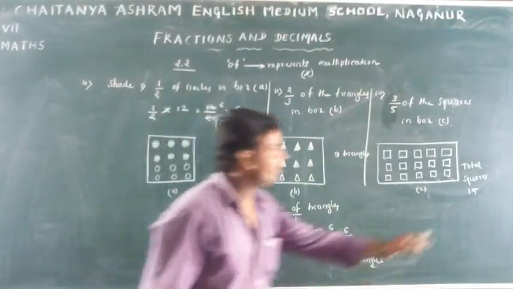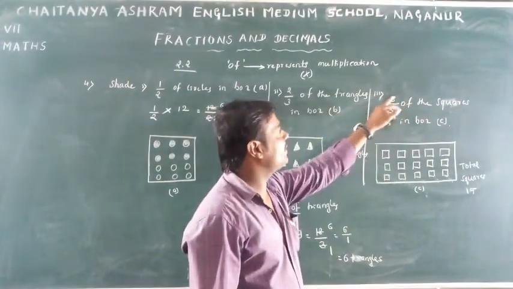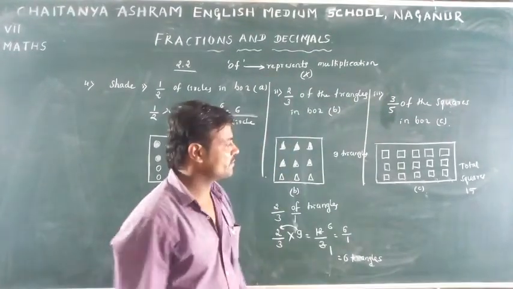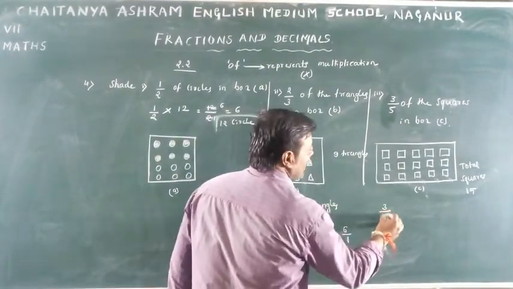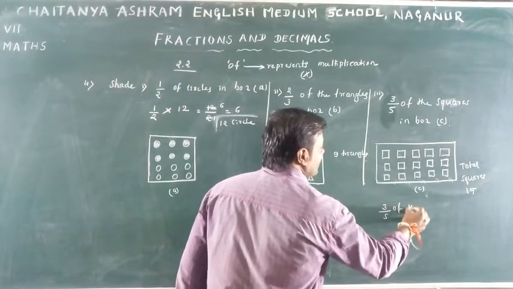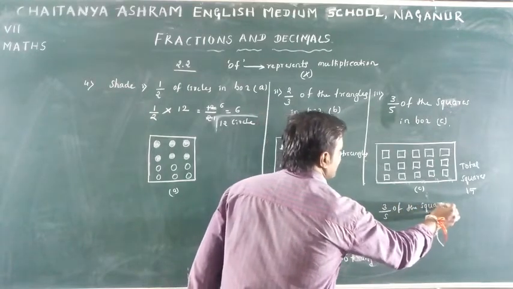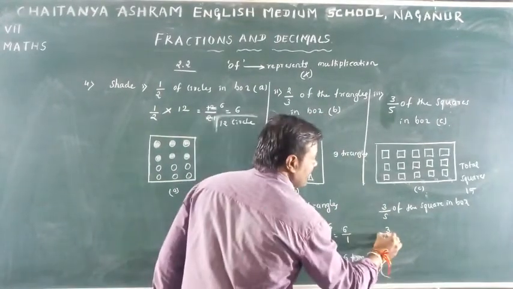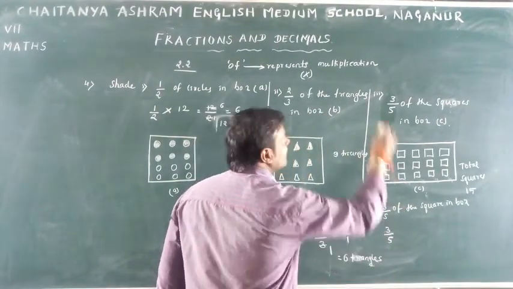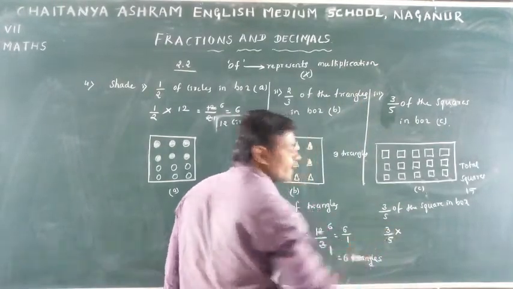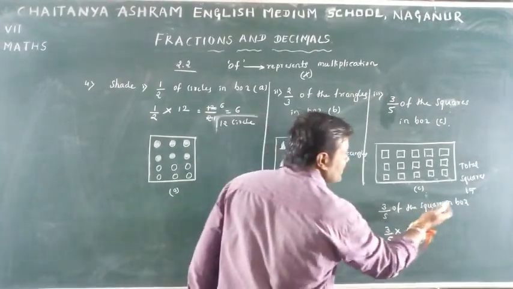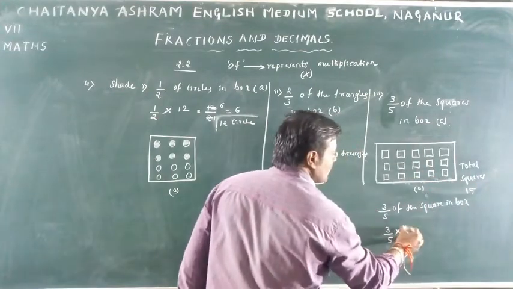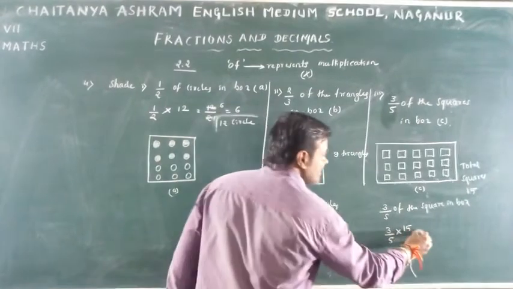Thus, out of 15, we shade 3 by 5 of the total squares. So that is 3 by 5 of the squares in the box. What does "of" mean? Multiplication. Put the multiplication symbol. The total number of squares in the box is 15, so write 15 here. Then simplify.